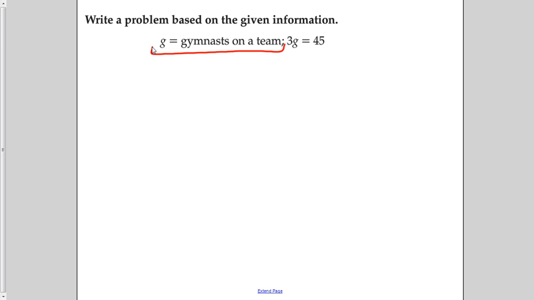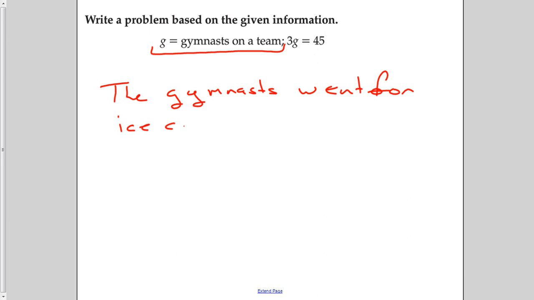So I'm going to say the gymnasts went for ice cream. I'm assuming many gymnasts don't eat a lot of ice cream because they're gymnasts.